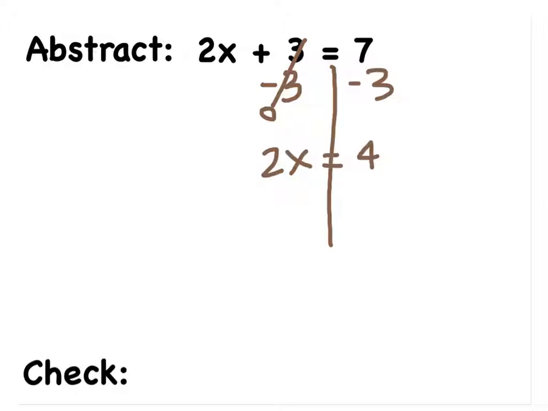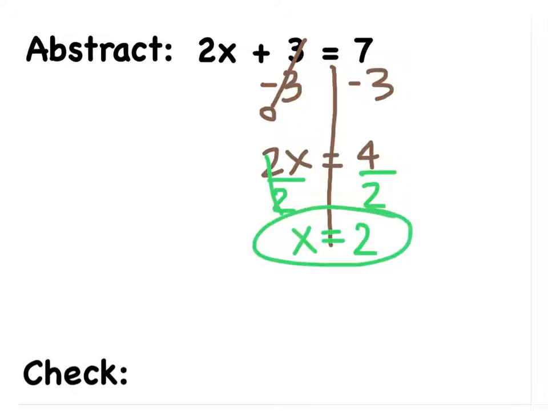Now I have two x's, and I just want one. So instead of having 2 multiplying x, I'm going to divide both sides by 2, because that's the opposite of multiplication. Now 2 divided by 2 is 1, so that means I just have 1x, and I can just write that as x. 4 divided by 2 is 2, so x equals 2.